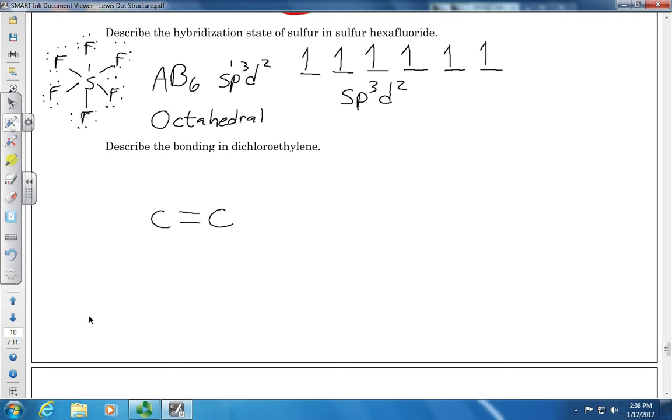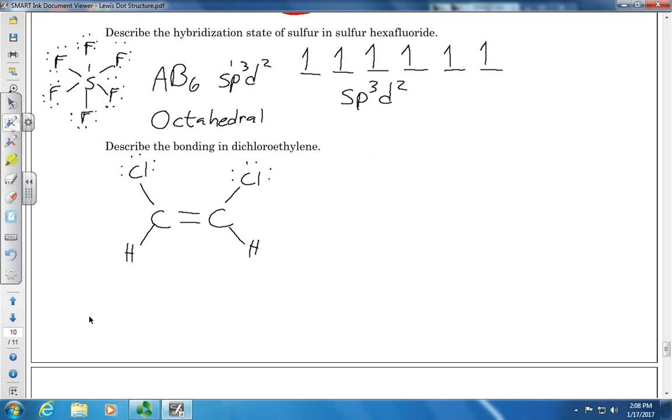So let's do it like this. Let's just put hydrogen down here and hydrogen down here, chlorine and chlorine, and we're just going to put our lone pairs over here. Okay, so that's dichloroethylene. That's one of the conformations of dichloroethylene. But regardless of the conformation of the molecule, it's going to have the same molecular geometry, more or less.